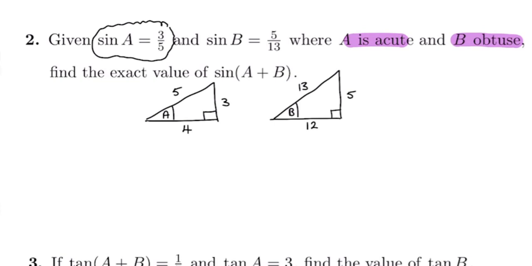12. But if you remember using your CAST diagram, C, A, S, T, 90 to 180, only sine is positive.